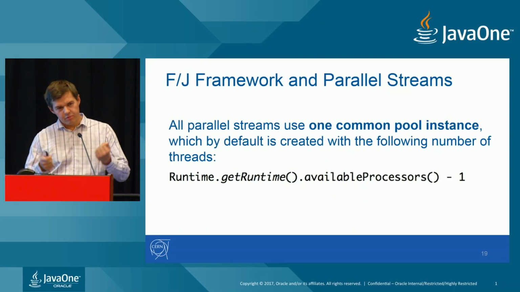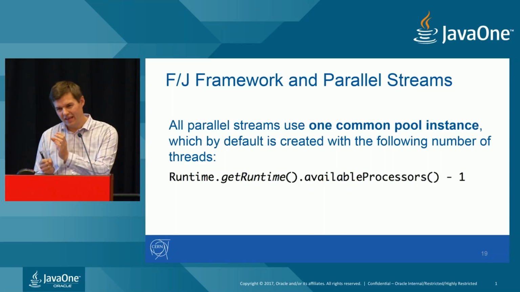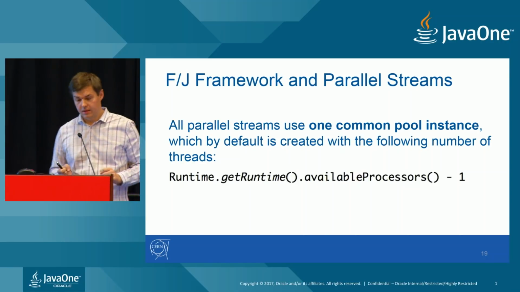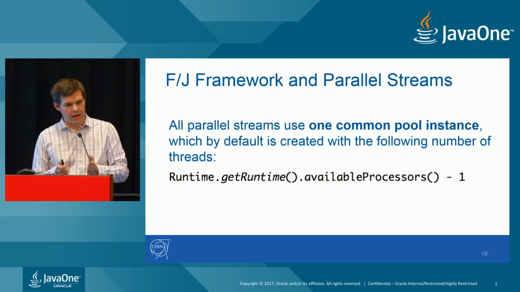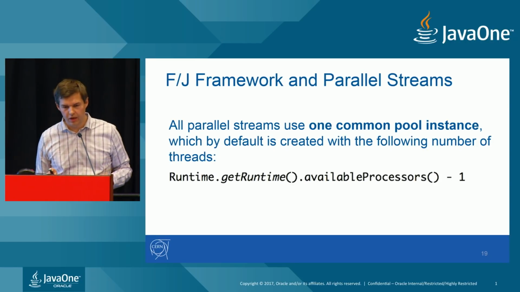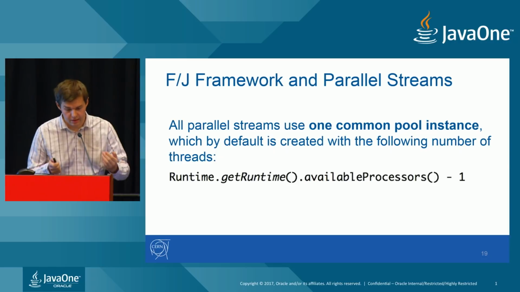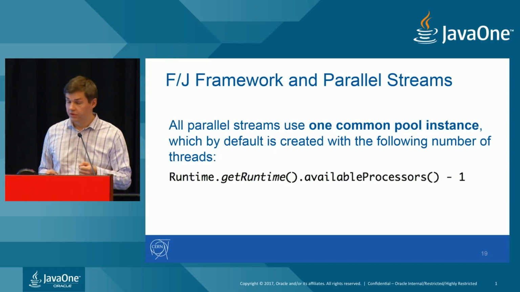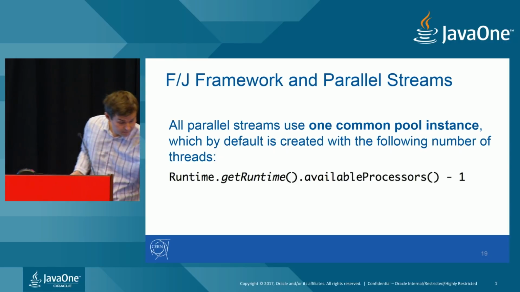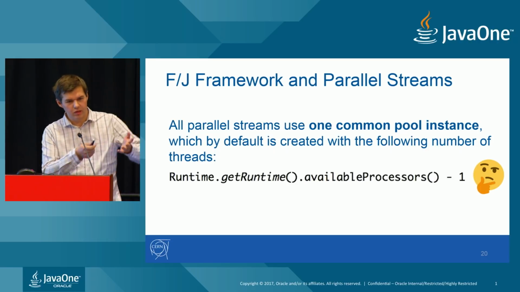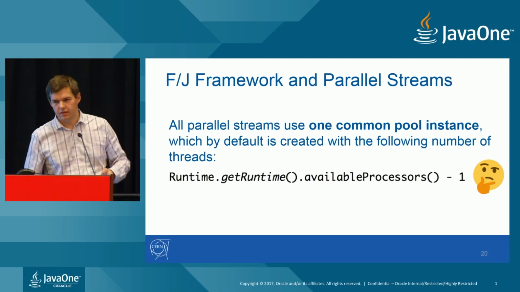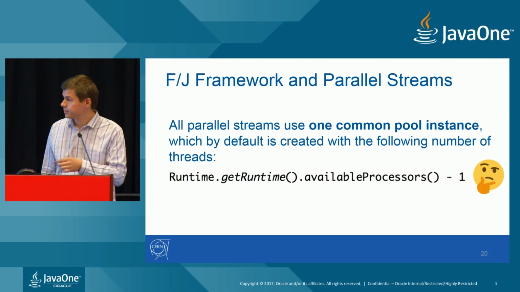Again, all the parallel streams use one and the same common pool instance. You might wonder how many threads we have there. The number is the number of your CPUs minus 1. Why minus 1? What happened to the last core or the last CPU?